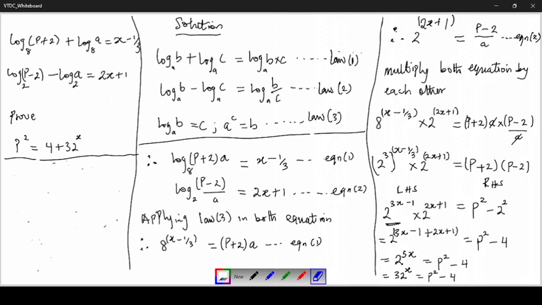So let's conclude. If I were to make p squared the subject of formula in that equation, we are going to have p squared is equal to 32 to the power of x plus 4, which also, by proper rearrangement, is 4 plus 32 to the power of x.